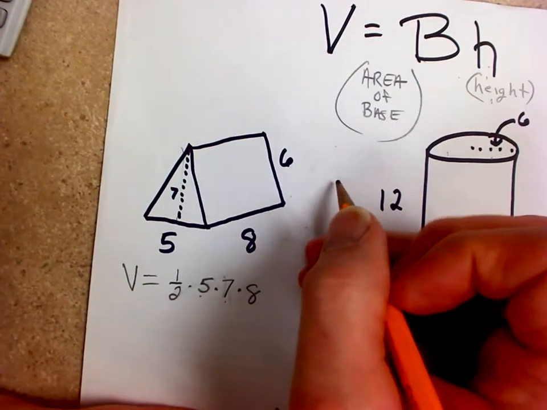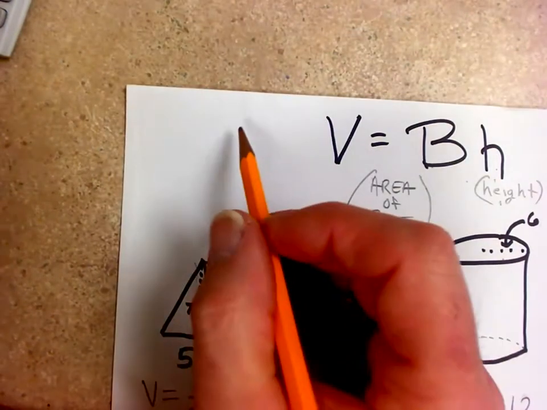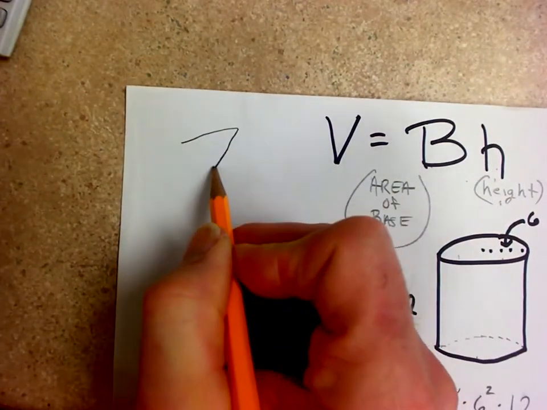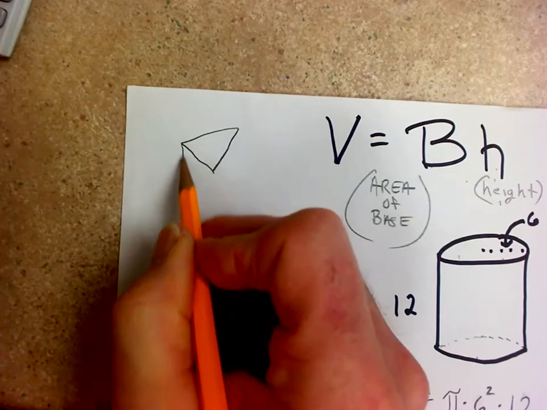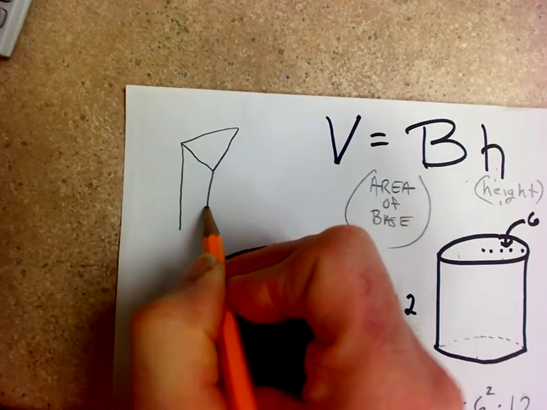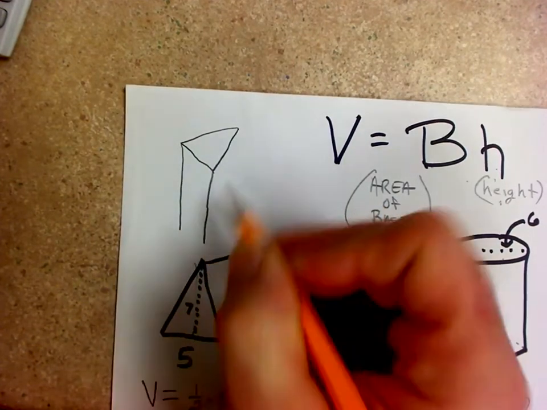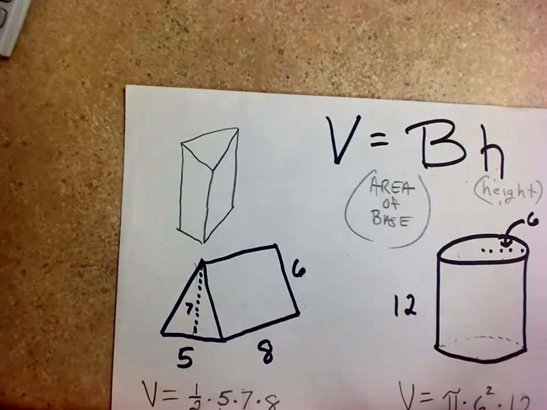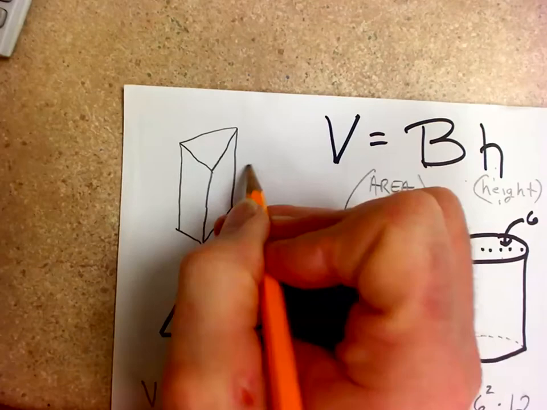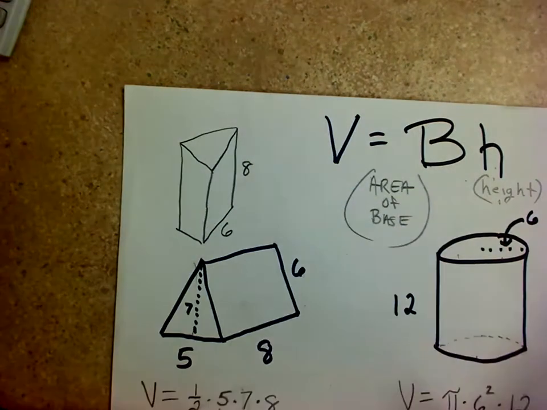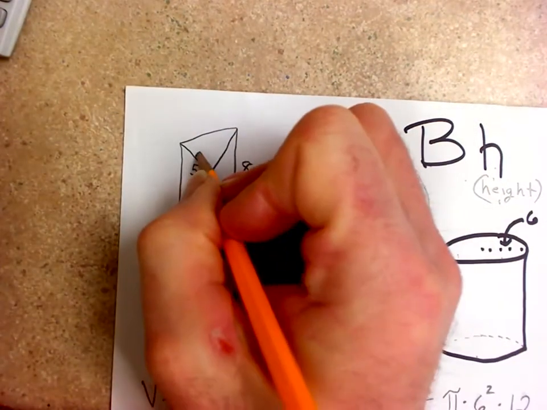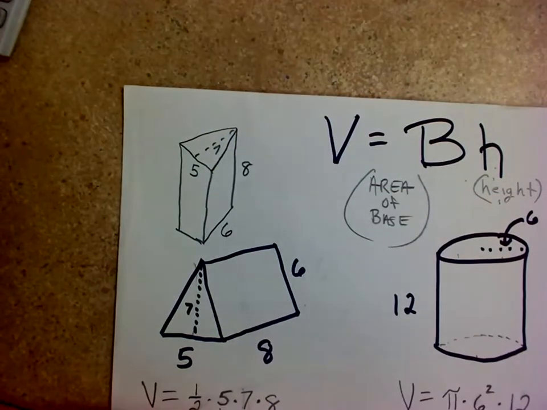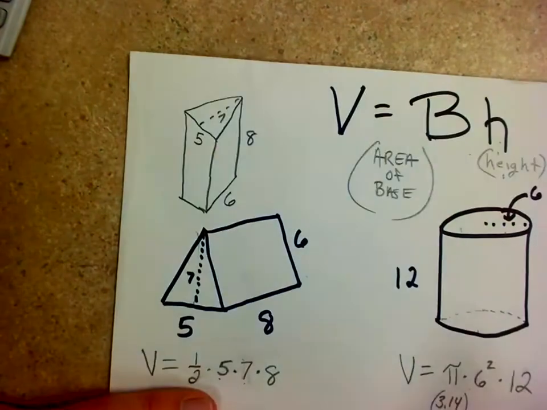I can draw this exact same triangle. Here it looks like a tent, but I could draw the triangle standing up. Exact same numbers. Here's my 8, here's my 6, here's my 5, here's my 7. We've got the exact same tent, exact same prism.